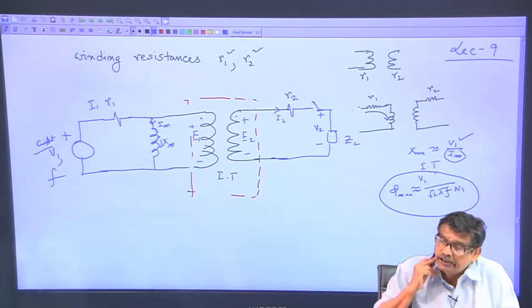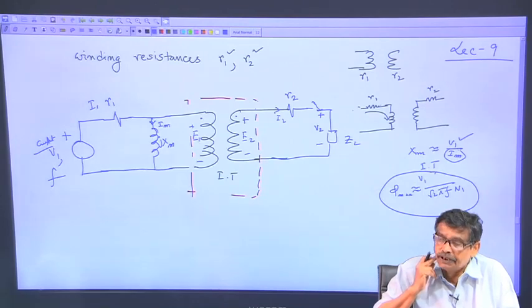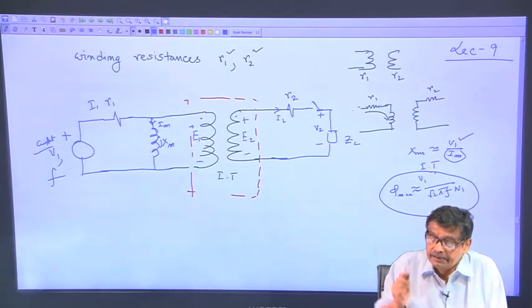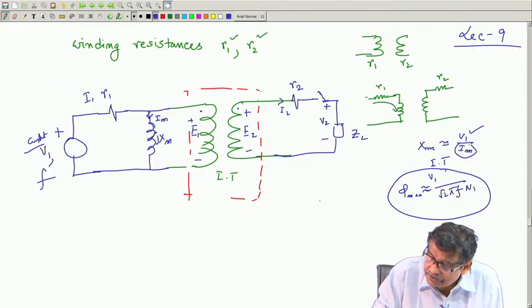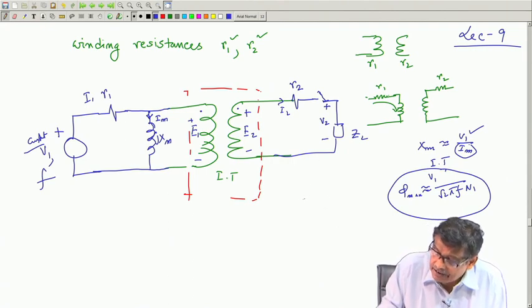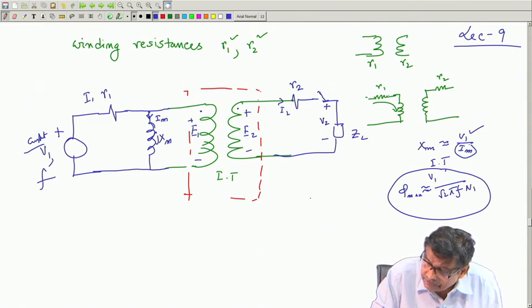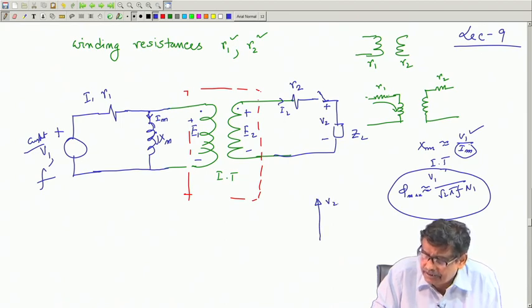Suppose how to start the phasor diagram drawing, I will do it like this. It will be slightly clumsy, but let it be, but follow my argument. You draw V 2 first, whatever it will be.